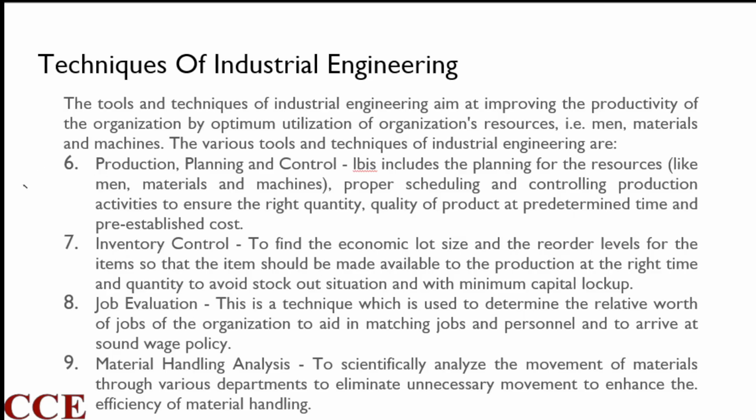Next is production planning and control. It includes the planning of the resources like men, material, and machines. Also, it has proper scheduling and controlling of production activities to ensure the right quantity and quality of the product at a predefined time and pre-established cost.